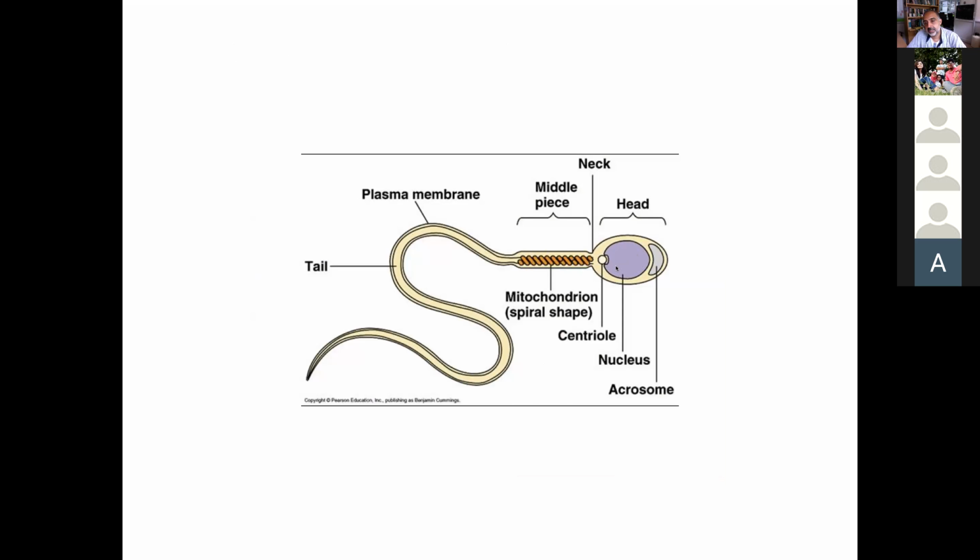It's basically a vehicle to carry the paternal genome. So the nucleus is highly compacted. A centriole is still attached to the nucleus. You have mitochondria in this shaft here. You have a tail. The head here also consists of the acrosome, which I'll talk about in the next few slides.